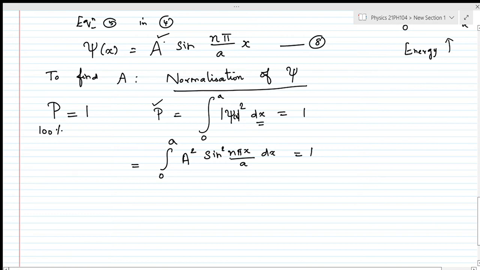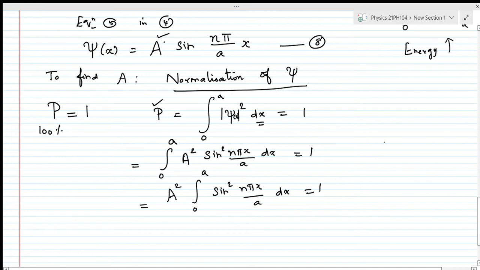Now I am going for finding A using this normalized wave function. Therefore, I have A squared, a constant, integral 0 to a of sine squared (n pi x by a) dx is equal to 1.